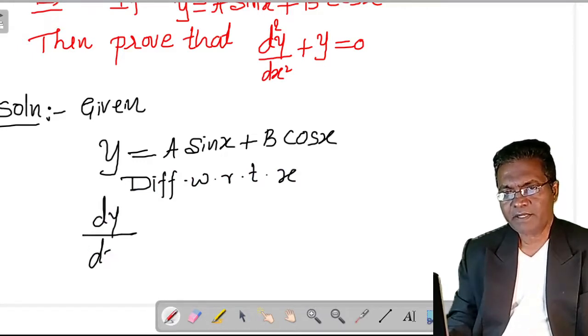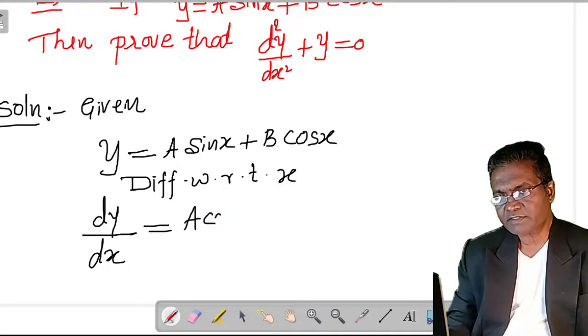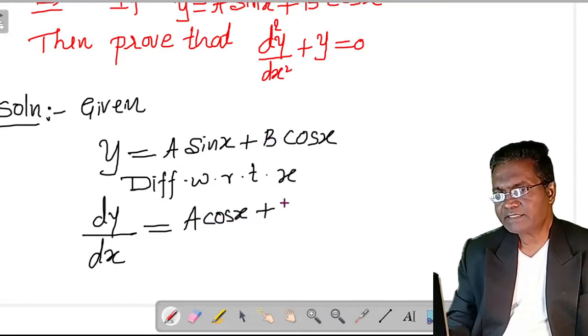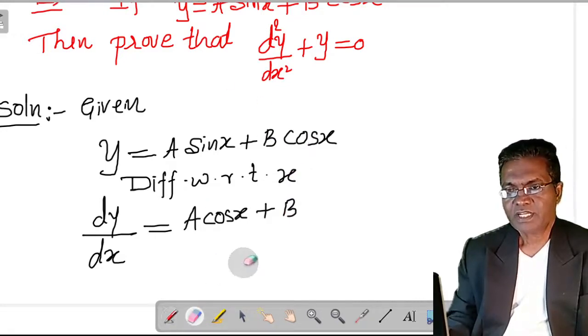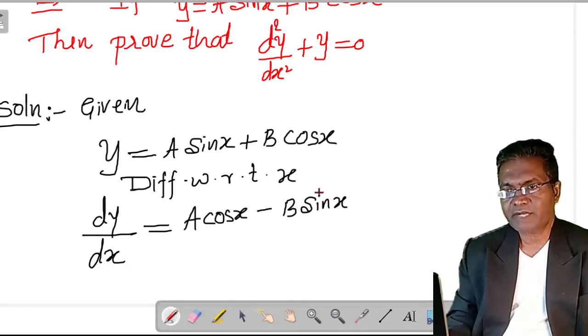So dy by dx equals a as it is, a is a constant, and derivative of sine is cos x, plus b as it is, and derivative of cos x is minus sin x. So I can write this as minus b sin x to save one step.